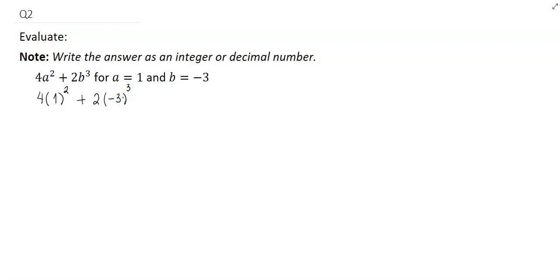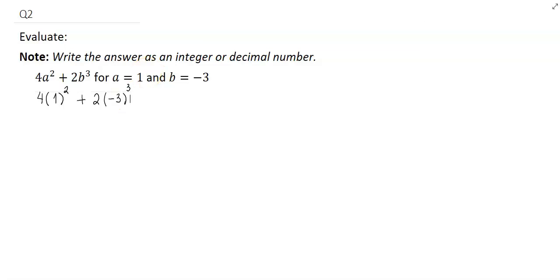Now I transform my algebraic expression into a numerical expression. And I know how to read, evaluate, interpret a numerical expression using the order of operations rule.